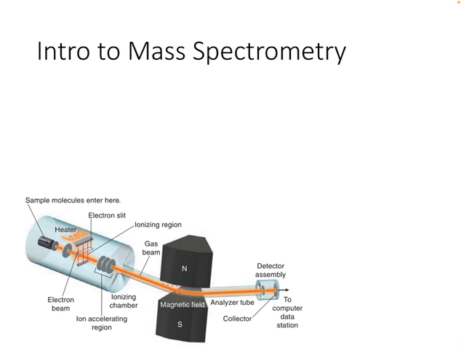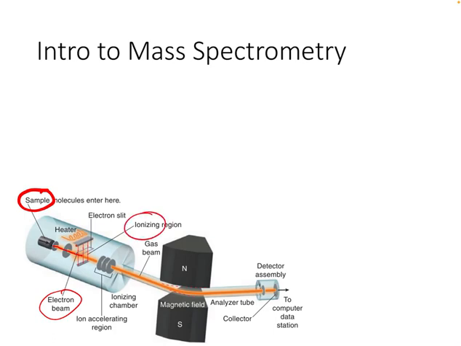So essentially how a mass spectrometer works is you introduce your sample to the instrument, and then it travels through and is hit with a beam of electrons. Once your sample is hit with that beam of electrons, that's going to turn your molecules into ions.